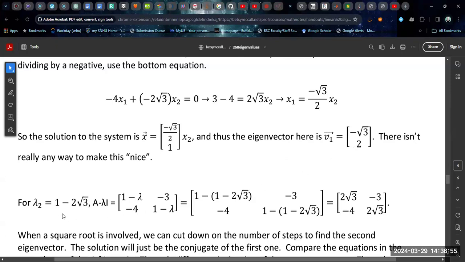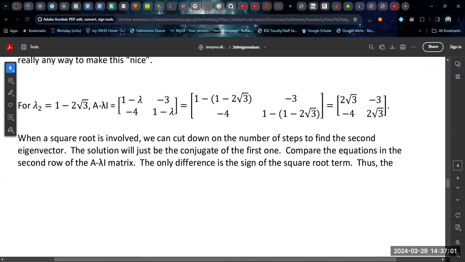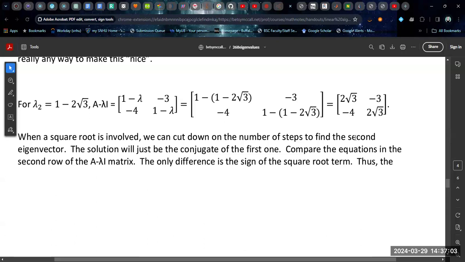Now, when you do the same process for 1 minus 2 square root of 3, the conjugate of our first solution, you subtract on the diagonal, make sure you distribute. You get a matrix that looks very similar to the previous one, except our diagonal elements are now positive.